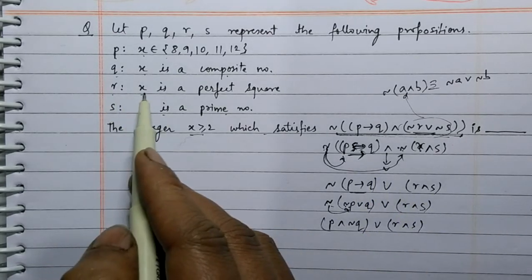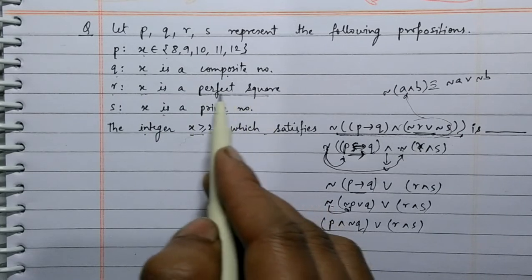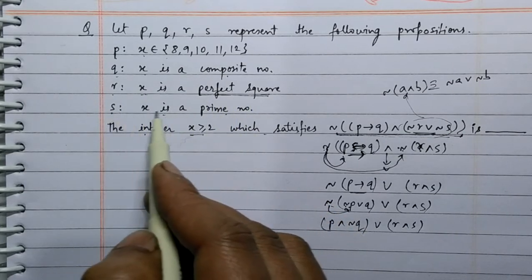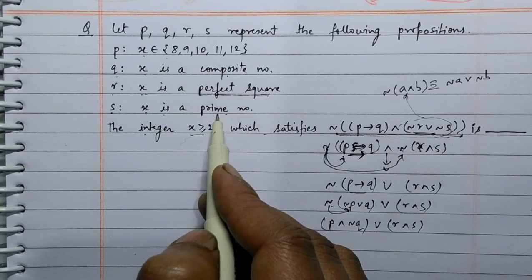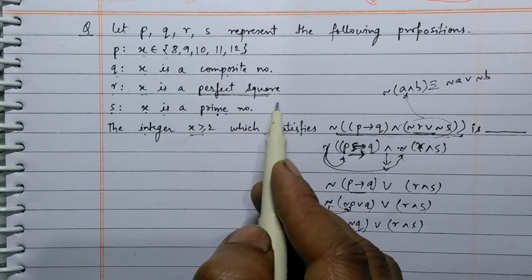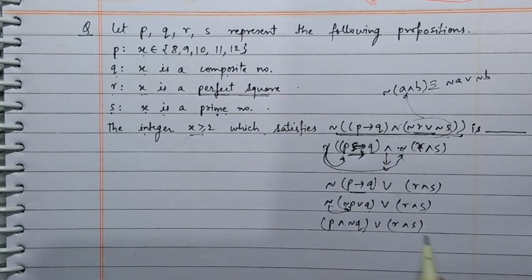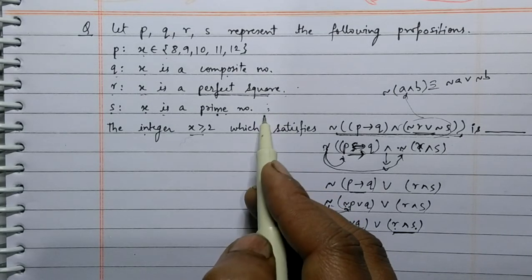R is saying that X is a perfect square, and S is saying that X is a prime number. A number can't be prime, and this statement is saying that a number is R and S simultaneously. So a number can't be prime and perfect at the same time.